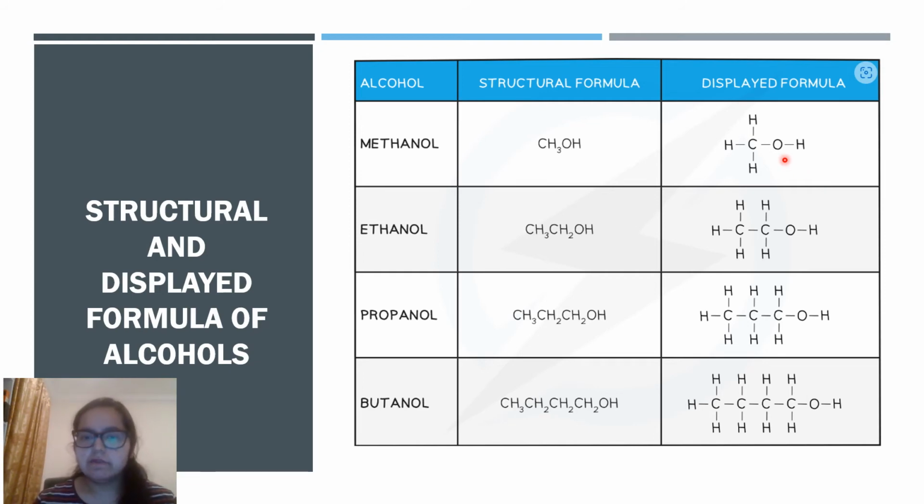As it has the OH over here, this shows that it is an alcohol. All alcohols will have the functional group OH. So anywhere you see OH in the structural formula and the displayed formula, you can easily say that it is an alcohol. And if they give you the name, when there is an "ol", it is an alcohol.